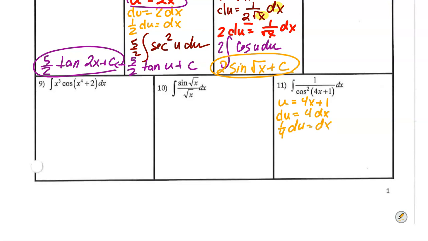Every single problem that I've done thus far has always been u is equal to theta. And that's what is going to be true for all of these questions right here. So I have a 1 over 4, and we're left with 1 over cosine squared of u du here.